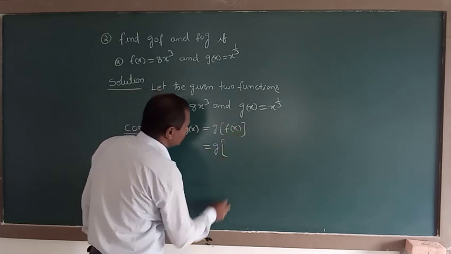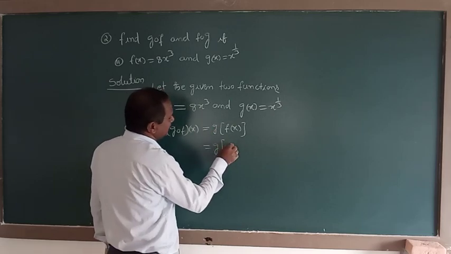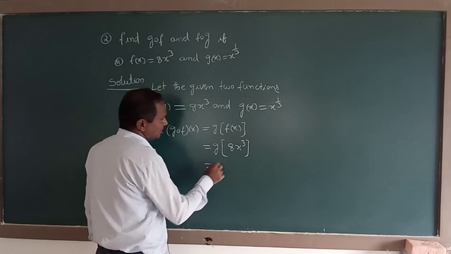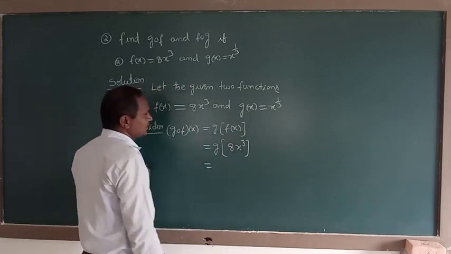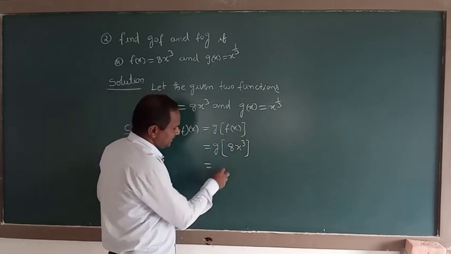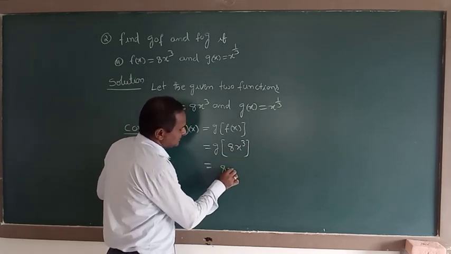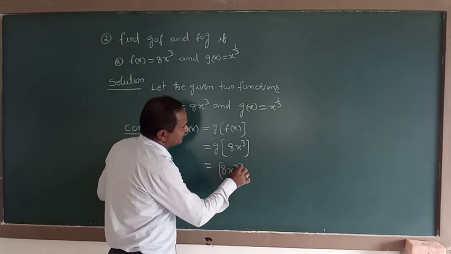What is f of x here? 8x cube. What is g of x here? x to the power of 1 by 3. That is, instead of x we have 8x cube, so it becomes 8x cube whole to the power of 1 by 3.